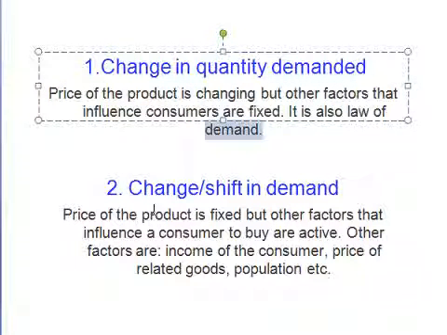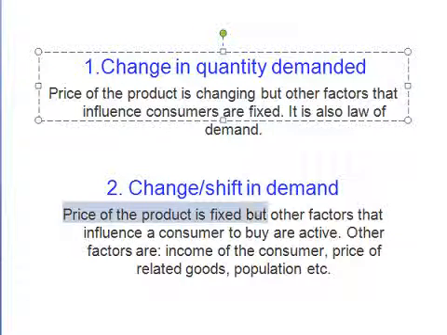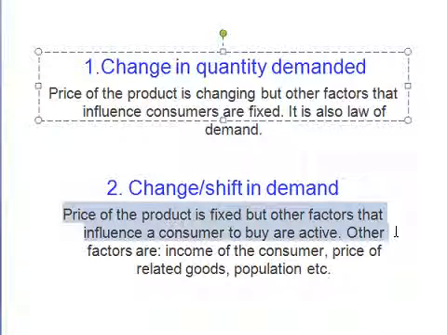And what about change or shift in demand? It means just the opposite: the price of the product is fixed in this case, but other factors that influence a consumer to buy the product are active.